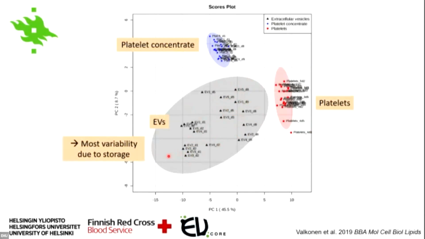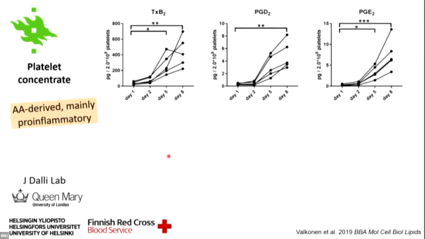And when we look at the lipid mediators, because things accumulate in the bag and are not going anywhere, the lipid mediators also accumulate in the bag. These are the arachidonic acid derived, mainly pro-inflammatory mediators: thromboxane B2, very platelet specific and important in platelet function, and then prostaglandin D2 and PGE2, which we also heard about in the previous presentation.